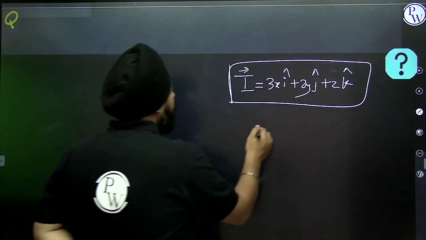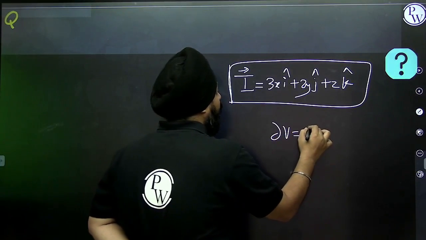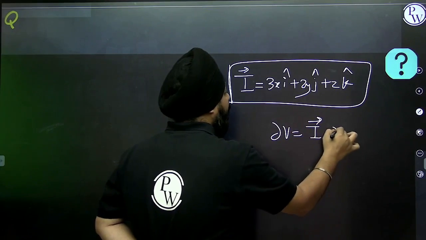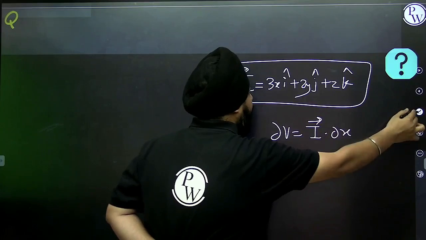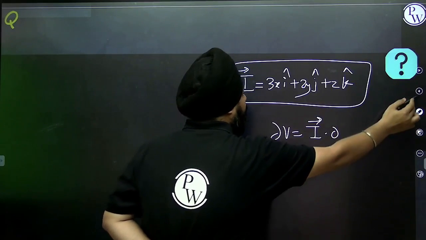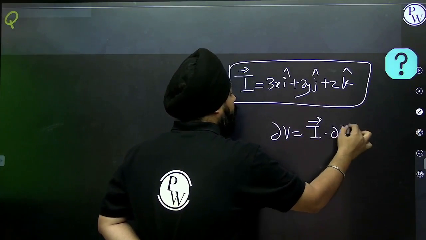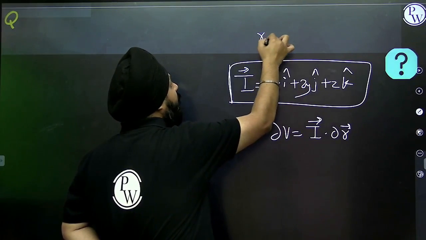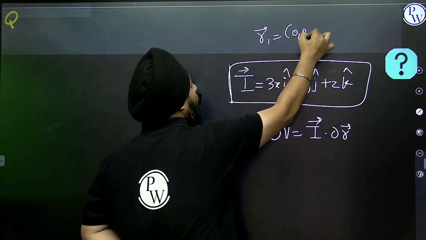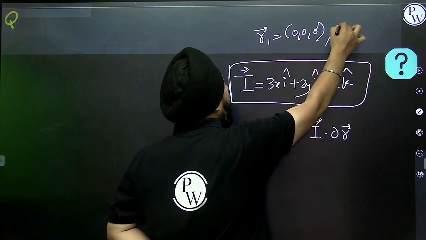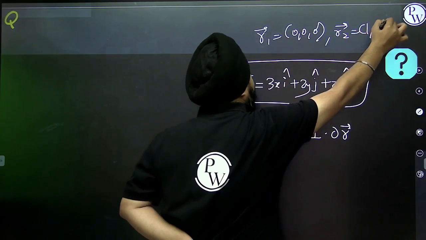Now suppose we need to calculate del V, that is equal to I dot del R. We need to calculate the potential between the points 0, 0, 0 to the point 1, 1, 1.